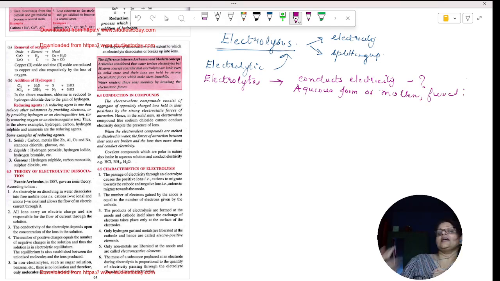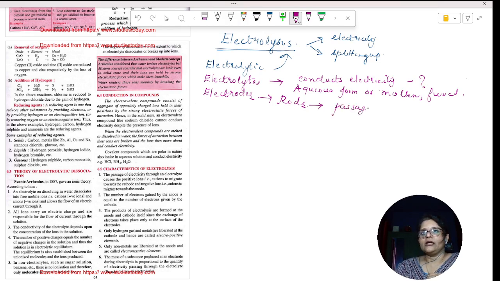Okay, then another term that we learned was about electrodes, right? So what are electrodes? Electrodes are basically rods. There are two rods which help in the passage of current. Current enters the electrolyte and leaves the electrolyte through these rods.